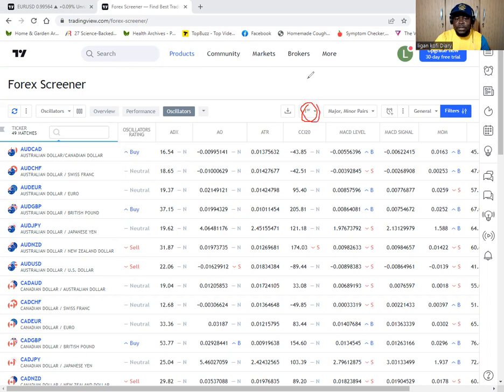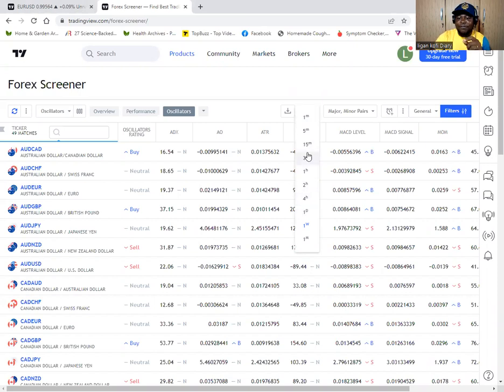If you need to do this on the daily, all you need is to come to the time frame here and choose. But the sad part is that if you have not subscribed or bought any of the plans, you may not be able to use the 4 hour, 2 hour, 1 hour, 30 minutes, 15 minutes, 5 minutes, 1 minute. These smaller time frames are for the paid packages.